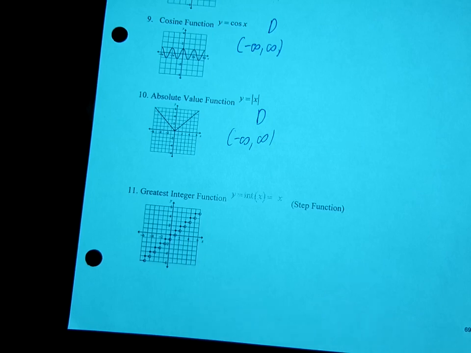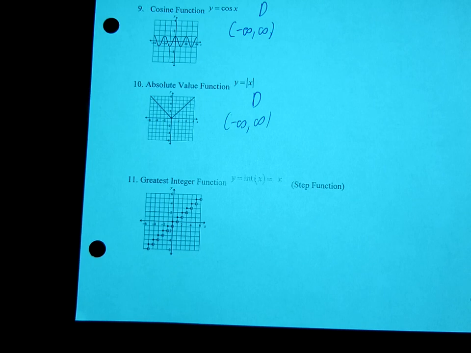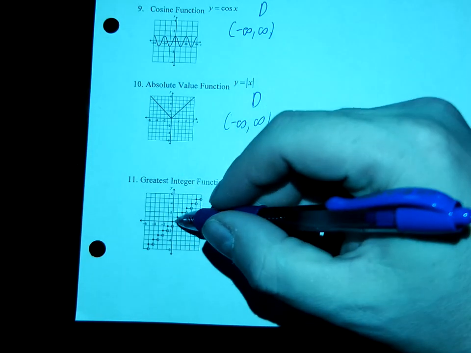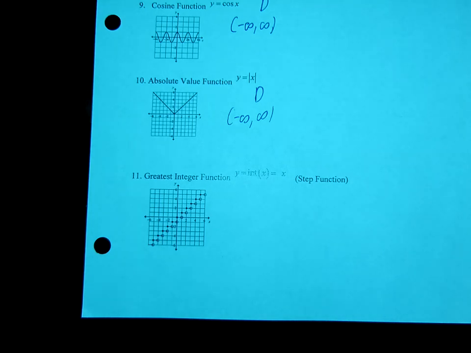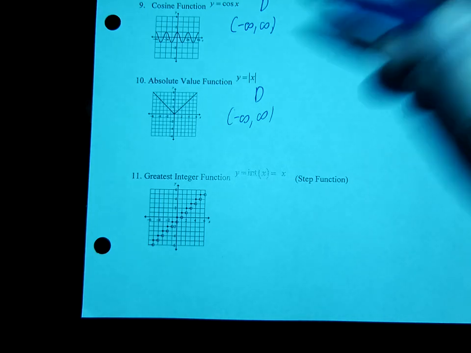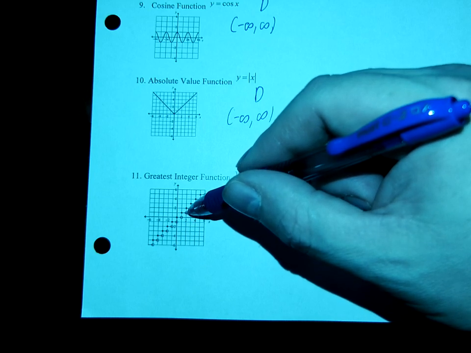Now, this one's kind of odd. The greatest integer function is kind of a weird function. What it does is it rounds things down. So for any x value from 0 to 1, your output is 0. For any x value from 1 to 2, your output is 1.